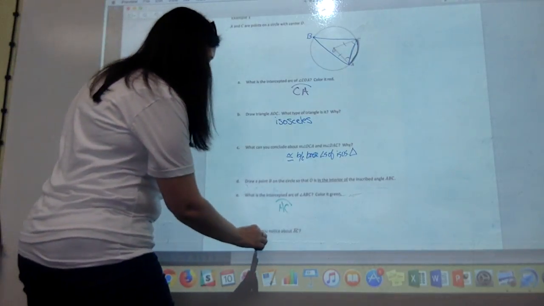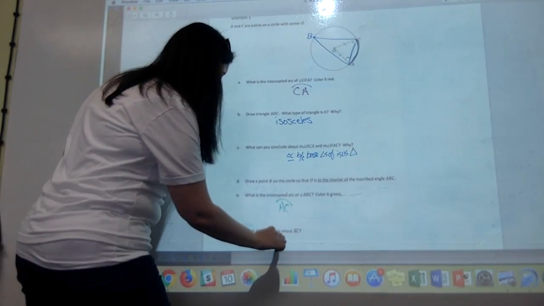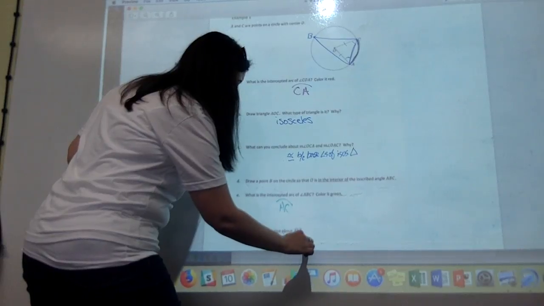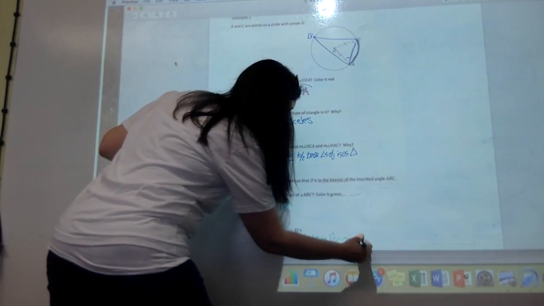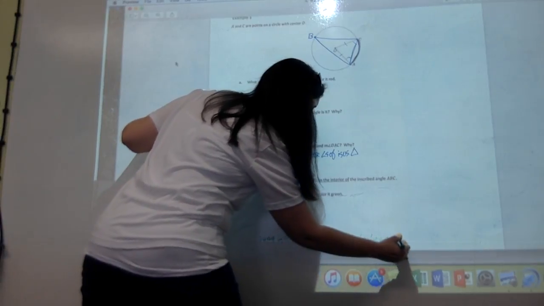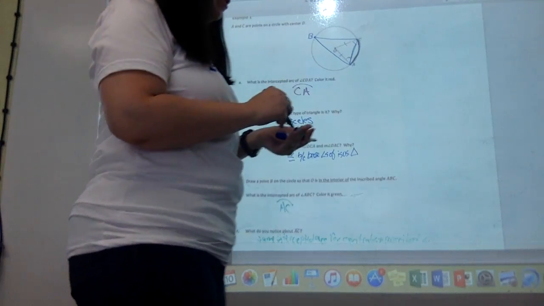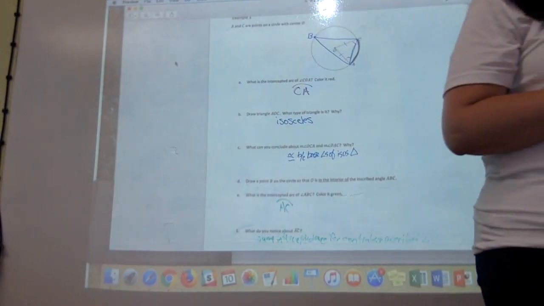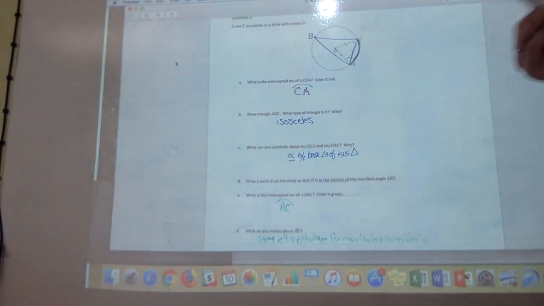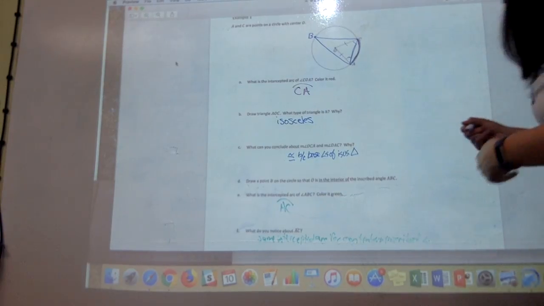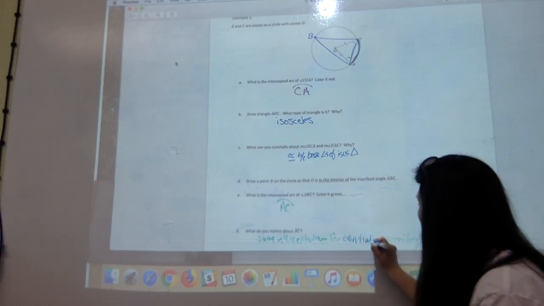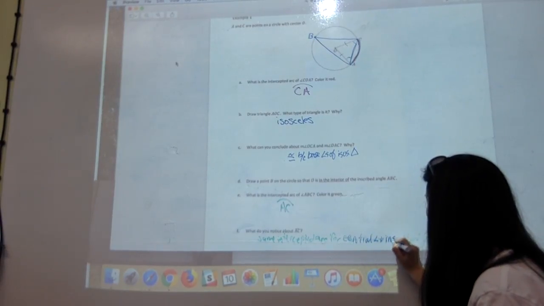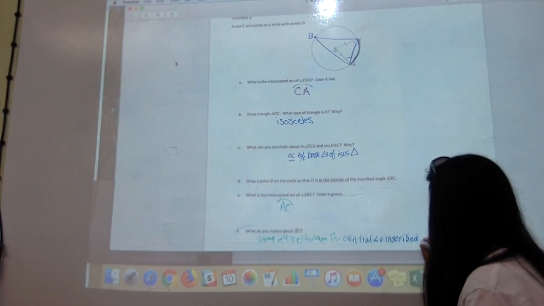So we said it's the same intercepted arc for the central angle and inscribed angle.